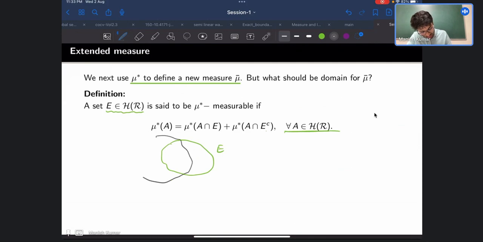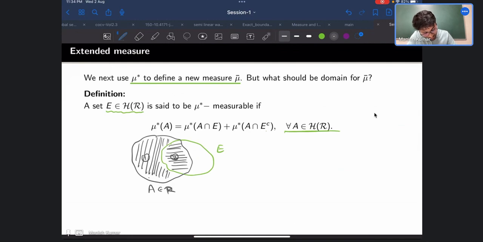You choose any A in R, and you look at A intersection E and A intersection E complement. You check whether this identity is satisfied, that the measure of A should be equal to the measure of this one plus this one. If this is true for all A, then we say that E is measurable.